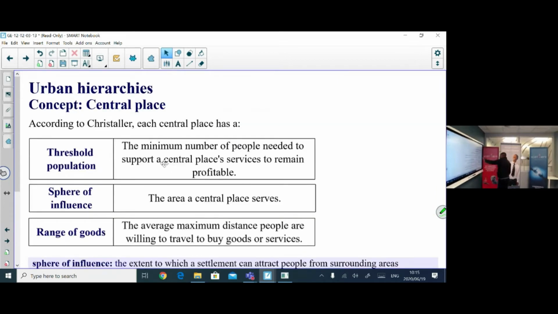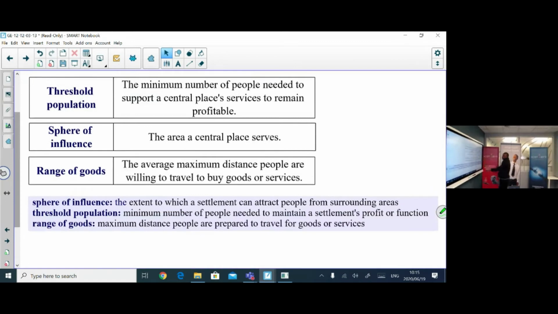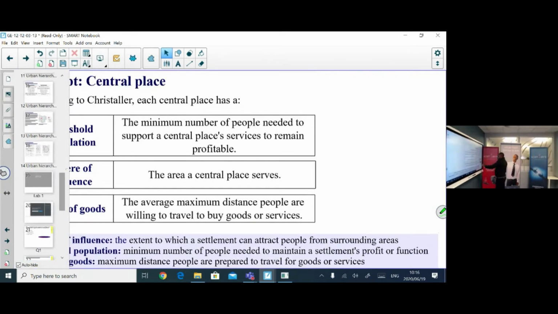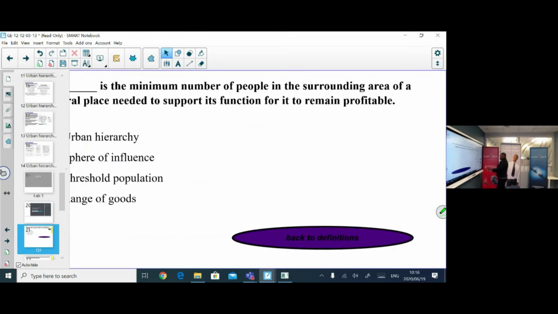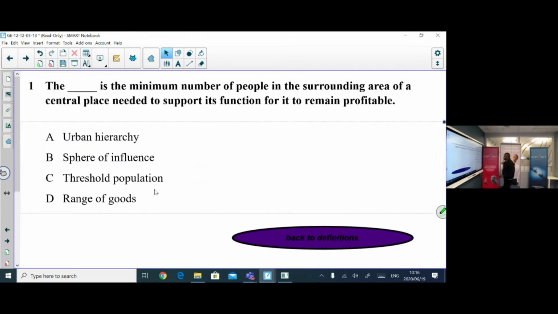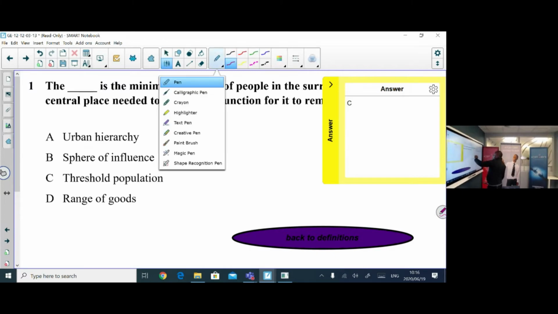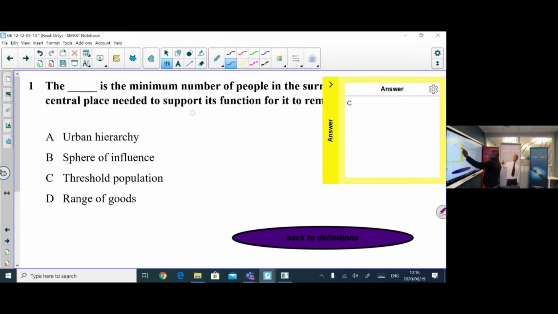Sphere of influence is actually the area of central places. Then threshold population is the minimum number of people needed to support a central place service to remain profitable. This actually gives us the most appropriate definition that we need. So when we come back here, it means our answer is actually C. So when you come to view our answer here, the correct answer is actually C.